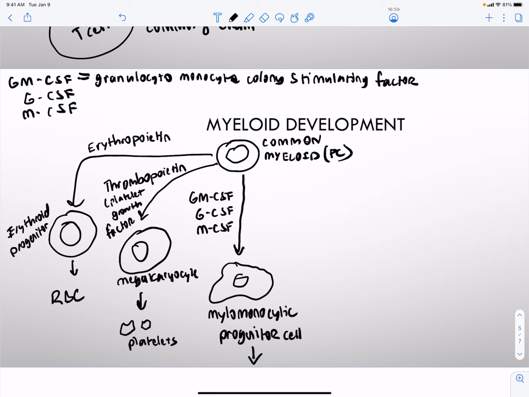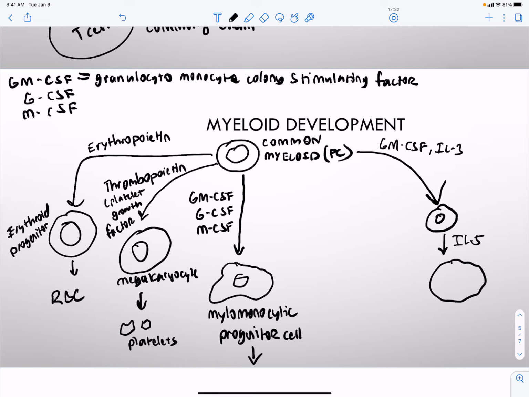Now, if you only have GM-CSF and some cytokines, so we have GM-CSF, your granulocyte monocyte colony stimulating factor, plus IL-3, you're going to drive towards your eosinophils. So this is going to give you a progenitor with IL-5, and you're going to get an eosinophil. Eosinophils are like neutrophils. They have a lobed nucleus.